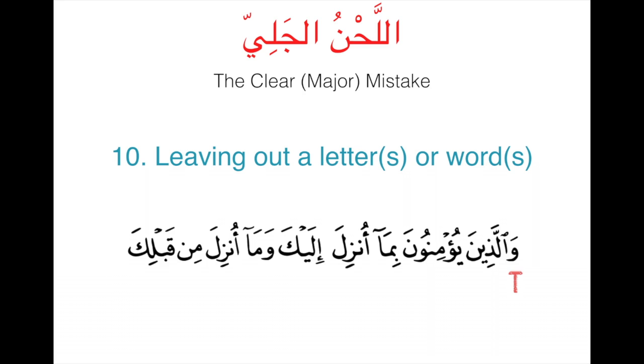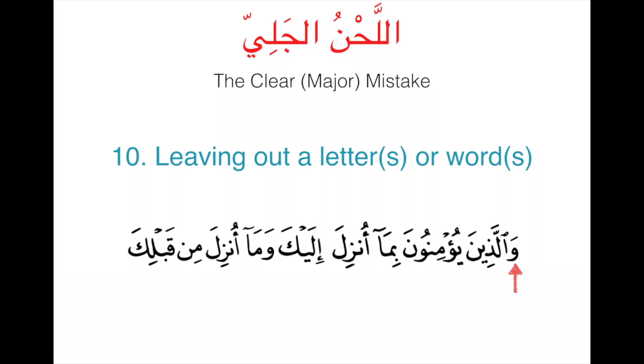We clearly have a waw here, right? Which is probably why some people get things mixed up. So if you said الَّذِينَ يُؤْمِنُونَ without the waw, that is leaving a letter out, which is basically leaving a word out in this particular case. So that is considered a major mistake as well. And we have many, many examples that can be given, but these are the 10 that I put together.